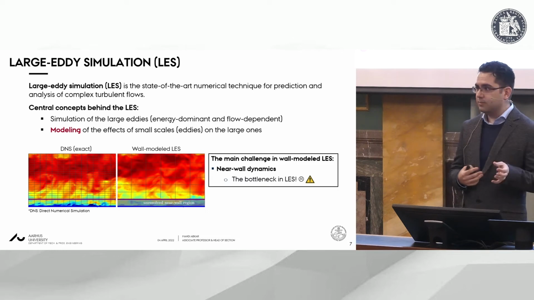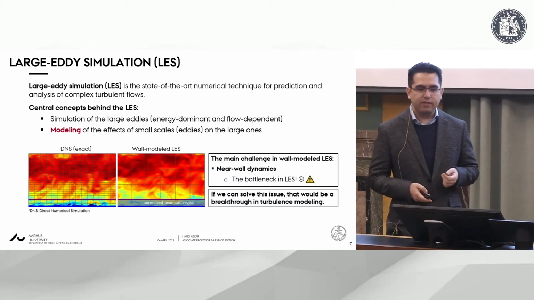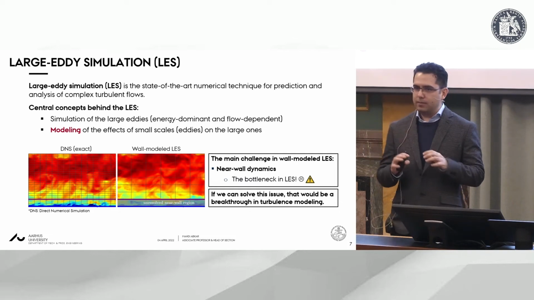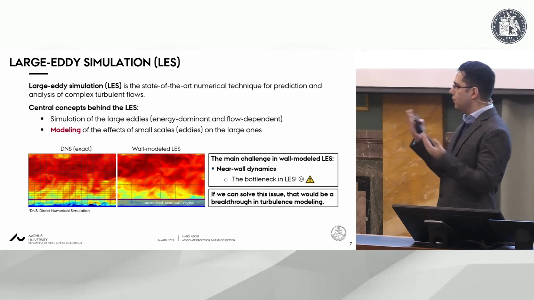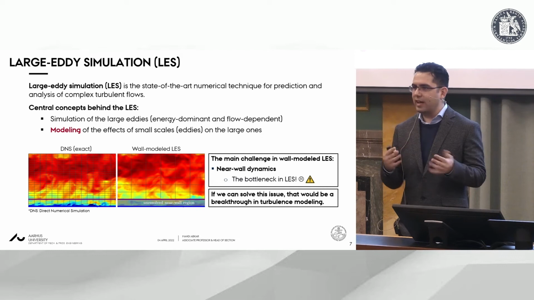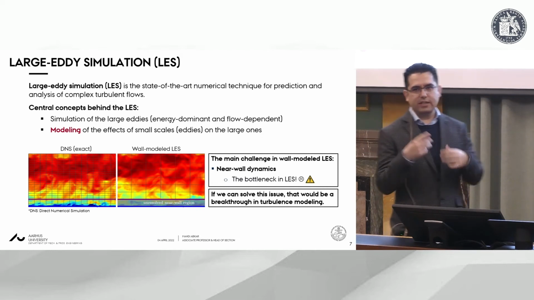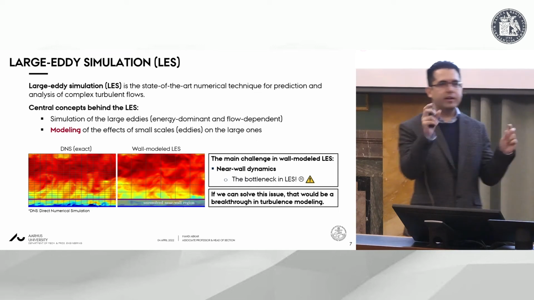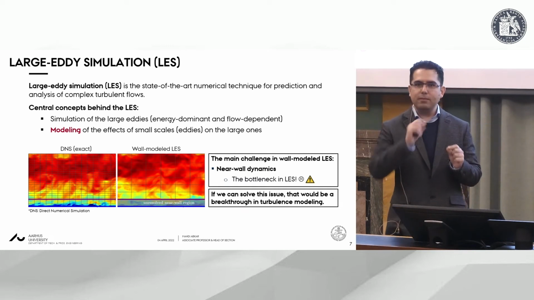And this problem becomes even more critical, more challenging, when we go to the region very close to the surface. Why is this part very important? Because all the interaction between the fluid and the solid surface happens in a very thin layer close to the surface. For example, air around the wing of an aircraft, or the air around the blade of a turbine, or the fluid or water close to the impeller of a pump.